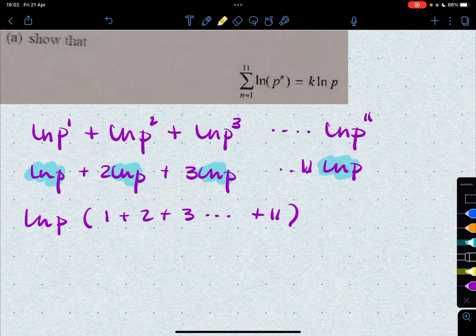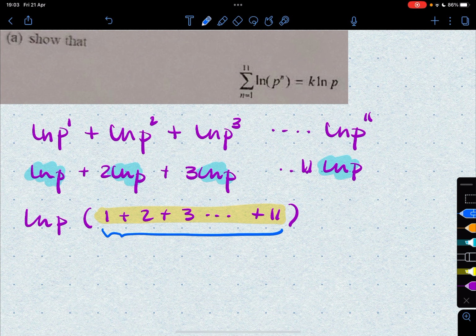And this is actually an arithmetic progression with the first term 1, the 11th term 11, and the difference 1. So this can actually be written as 11 times (1 plus 11) over 2.